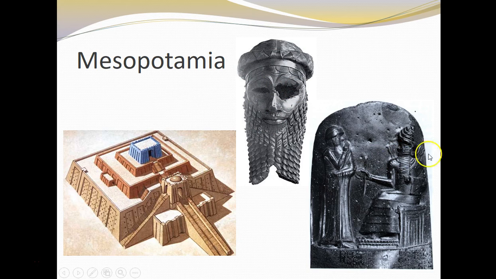And then, of course, we remember Hammurabi and his code. So we see writing, more complex religions, art, laws, governments beginning to develop out of the Stone Age into a Bronze Age. And this is what happens here in Mesopotamia.